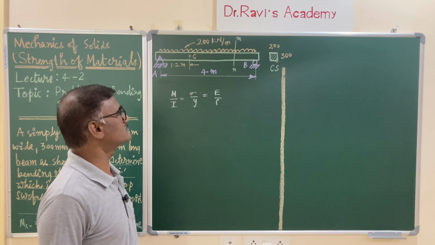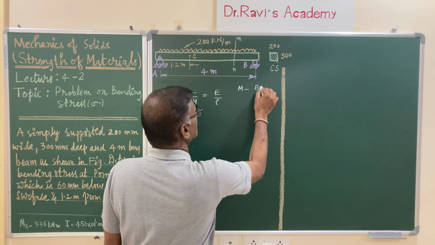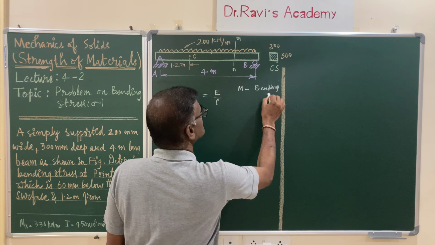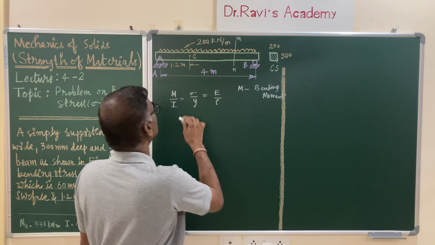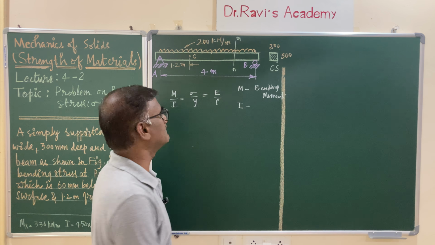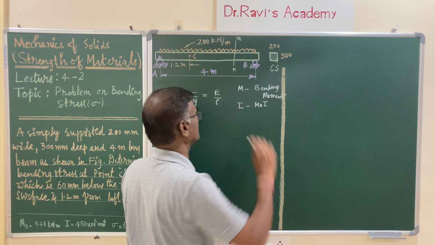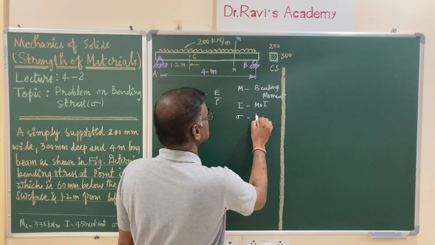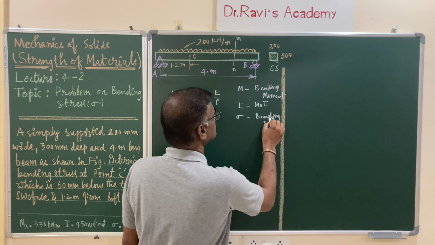Looking at the terms involved, M is the bending moment, I is the centroidal area moment of inertia, MOI, about the centroid of the cross section, and sigma is the bending stress at a given point.